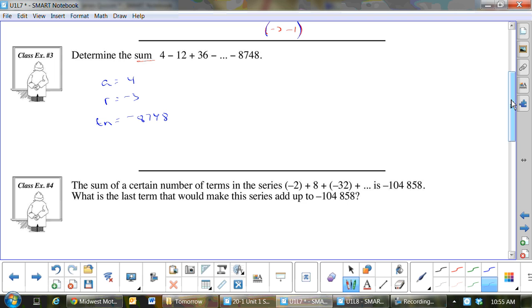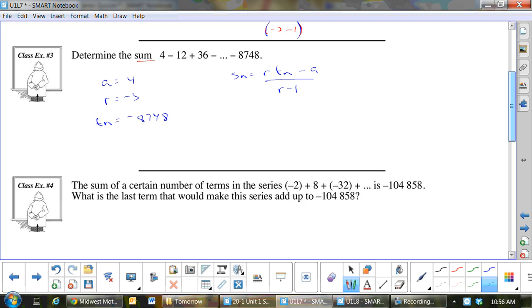Now, what is the formula I'm going to use? Sn equals (R times Tn minus A) all over (R minus 1).